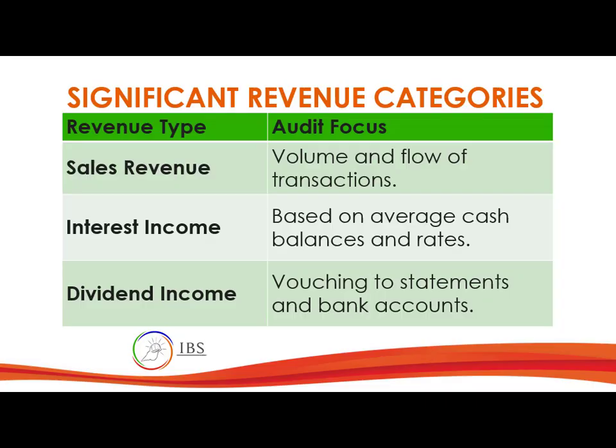It's not like they will come to your house to hand over the dividend. If they declare a dividend, they will deposit it into your bank account. So to test dividend income recorded in your client's financial report, just check the bank account. Simple. Interest income, of course, will be based on calculation. Your business mathematics.